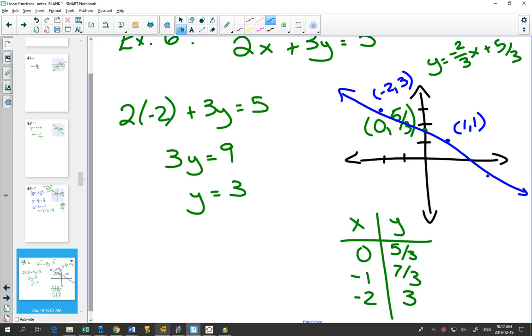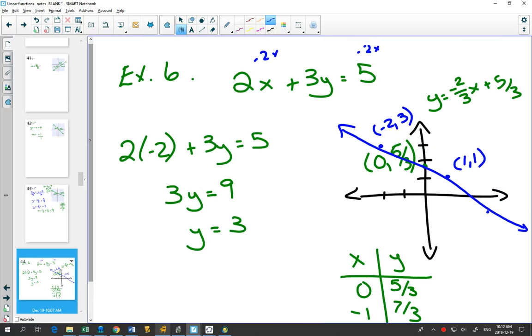So sometimes both the table of values and the slope-intercept form don't work well on their own. You kind of have to see, can I find a nice point? And there's a bunch of mental math that you sort of have to do in this situation.